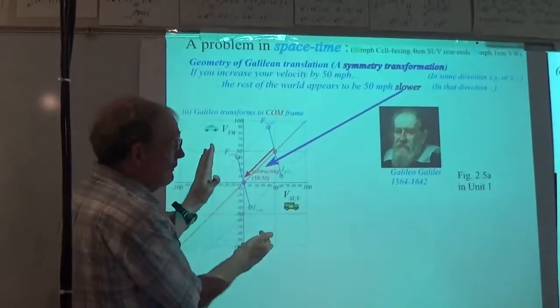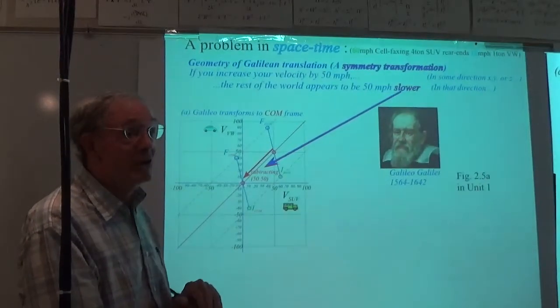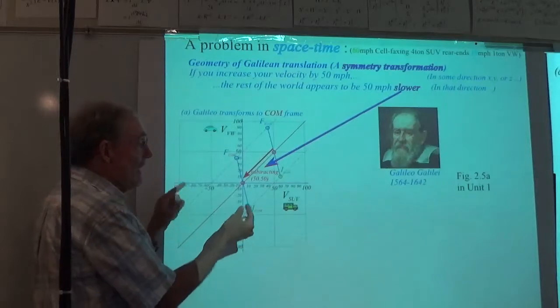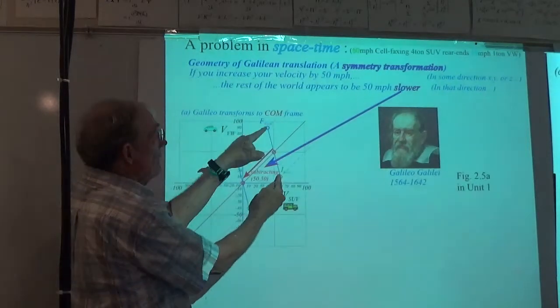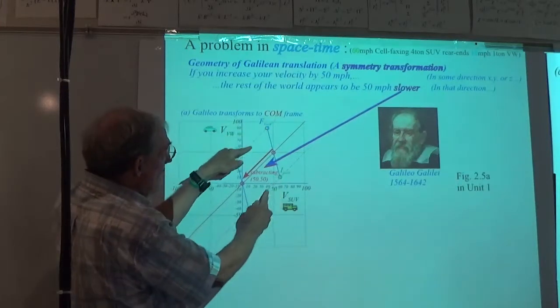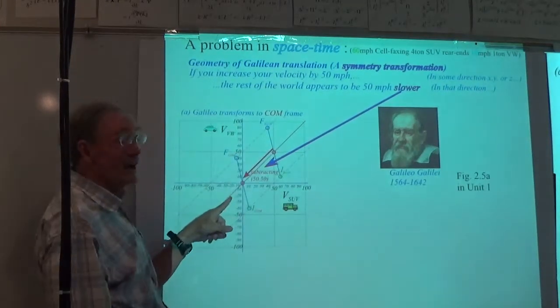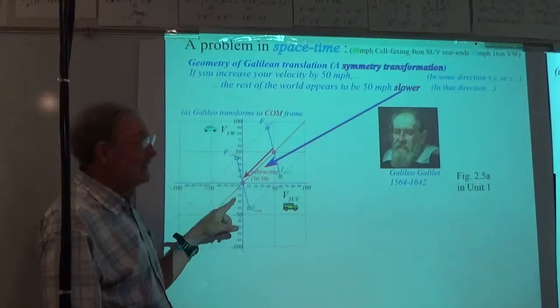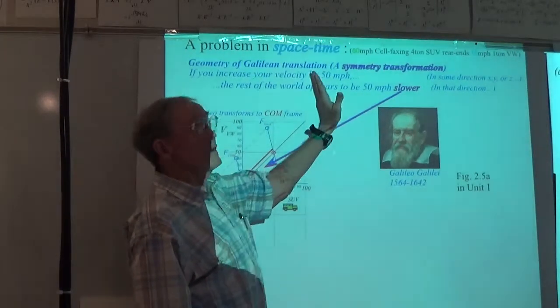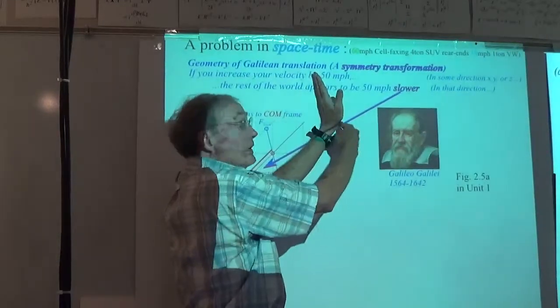Now we have a velocity graph here, so how do you do a Galilean translation? You add or subtract the same velocity from all the points that you have. That means you slide down the 45-degree line. So you start with a collision that's here, and you can go up here, and there'd be your new points.